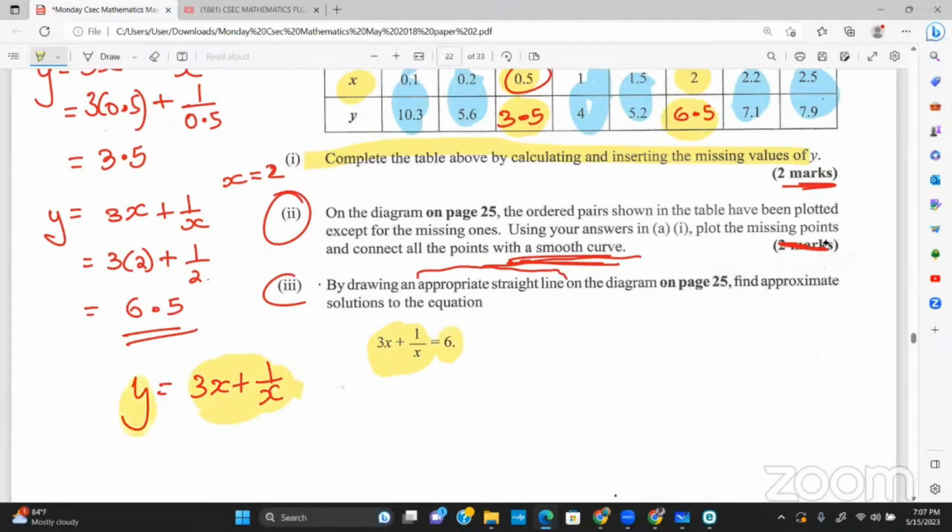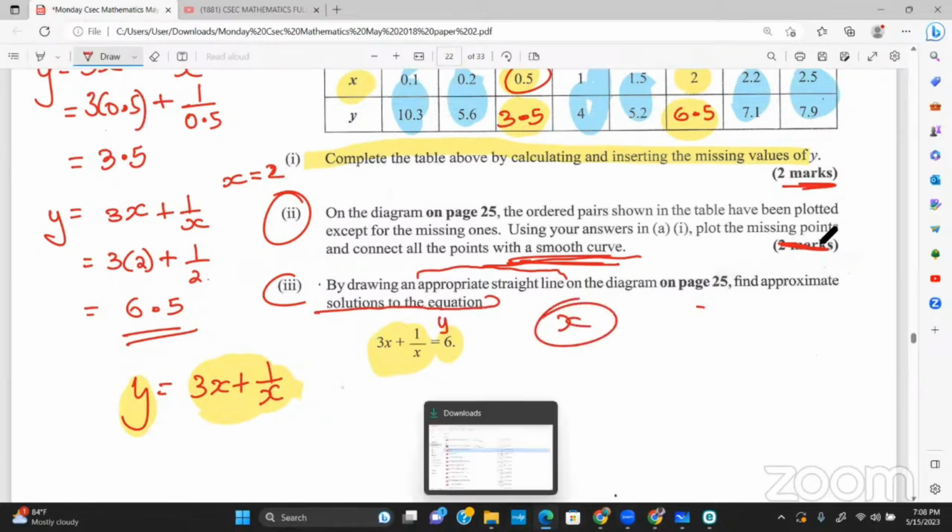In other words, they are saying to go on your y-axis and see where 6 is. Run a line through it and see what values we get. Solutions will be the x values coming from that.